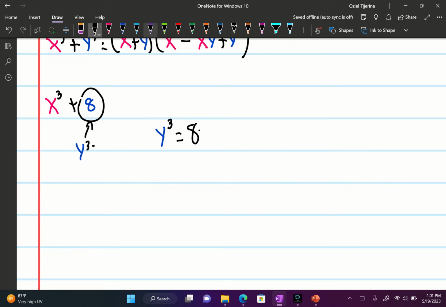And to solve for that, I'm going to take the cubed root of both sides. Like I said, I'm going to go ahead and do the positive, right? So then we obviously know this cancels out. We get y is equal to, and the cubed root of 8 itself is just 2. So we know that y is equal to 2.